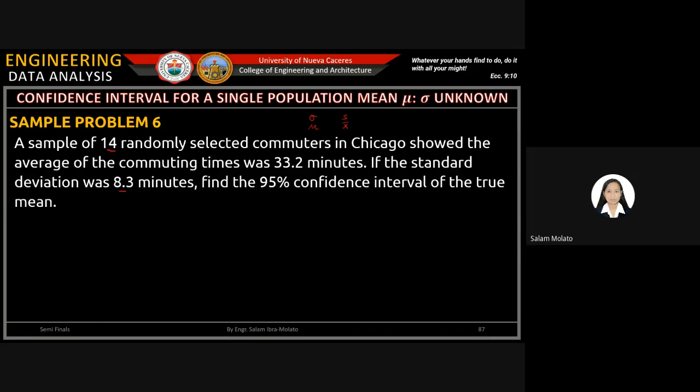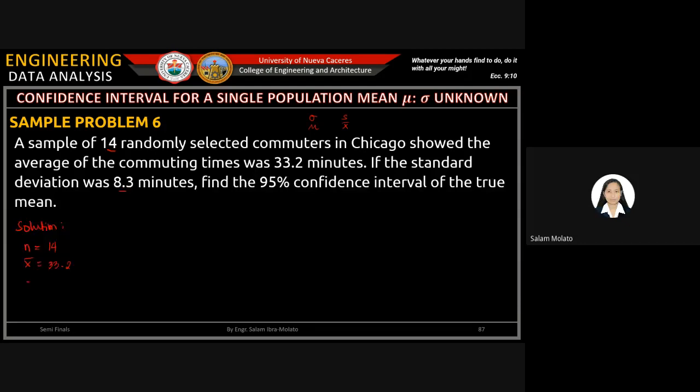All right. So for sample number 6, let's identify first all the given. Okay, so solution. Kailangan ma-identify kagad natin yung n so that we will know what to use. So n is 14, so less than 30. And then, x bar is given, that is 33.2 minutes.